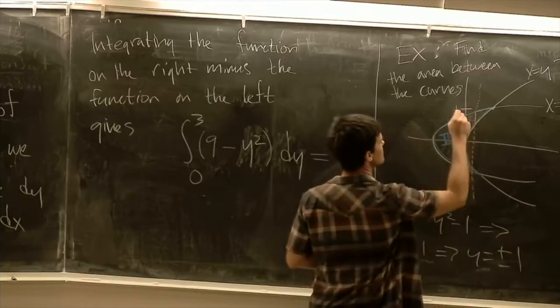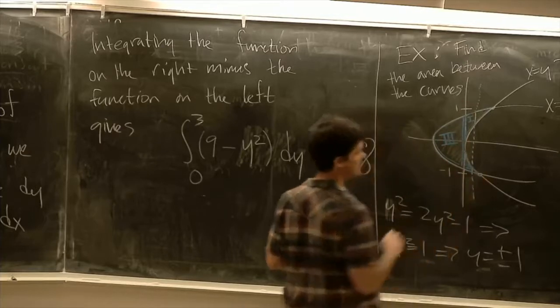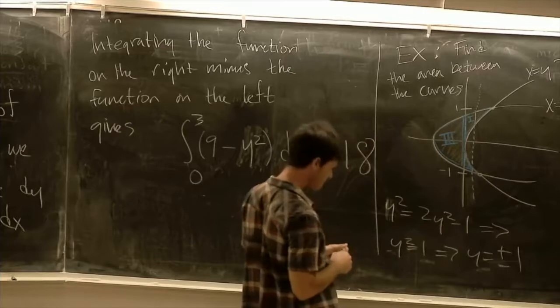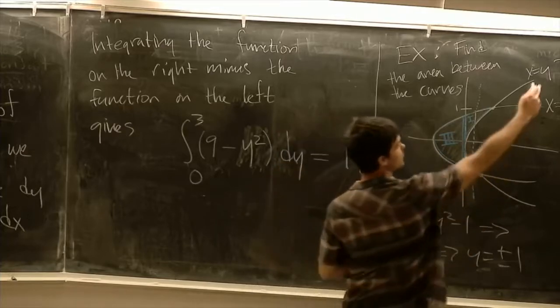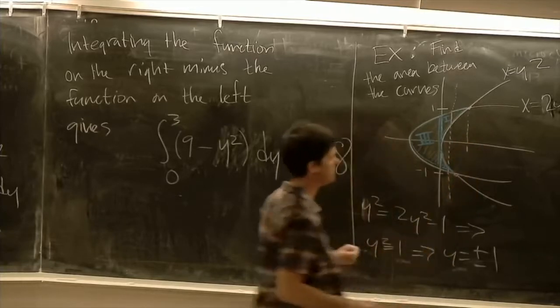So this point is at 1. This point right here is at negative 1. And if you plug in 1 for y, you also get that x is 1.